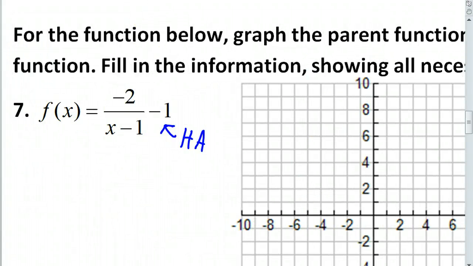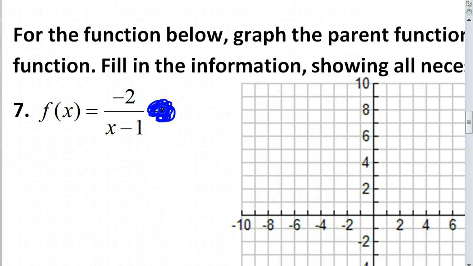Another way to think about it is all of the other types of problems that we've done, they don't have an extra number on the end. It's just a fraction like this. So normally when we talk about horizontal asymptotes, we're talking about the degree, okay? And is the degree higher or lower in the top than the bottom?